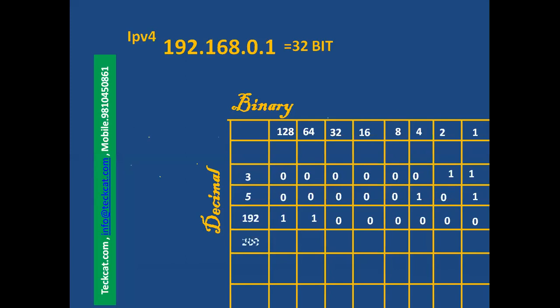And what about 200? What is the binary of 200? 200 is in decimal format, but when you add 128 plus 64, that becomes 192. But you should also add 8 here.